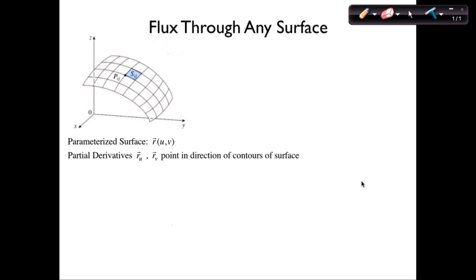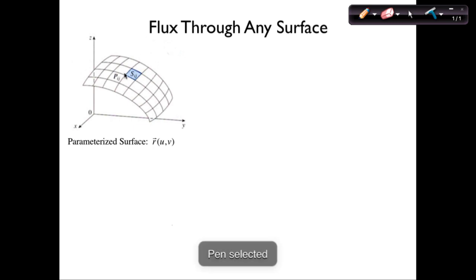And so what we need is the n vector for a typical element, right? That's orthogonal to the surface.